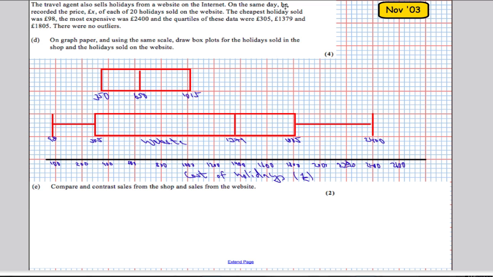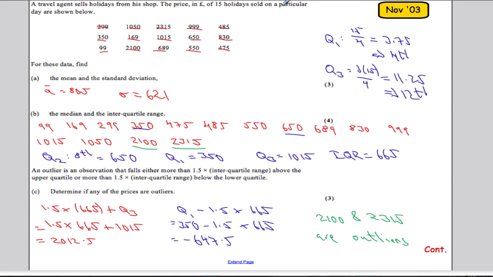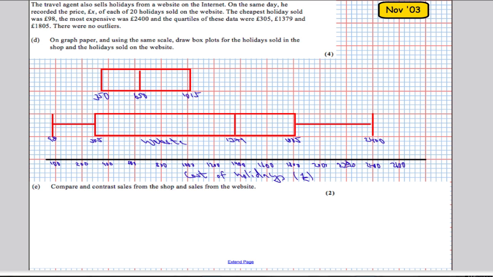We also need to put in the highest and lowest values. Oh wait, we've got two outliers as well, 2100 and 2315. So let's mark them in. 2100, right bang in the middle. And 2315, 2300, 2315, round about here.